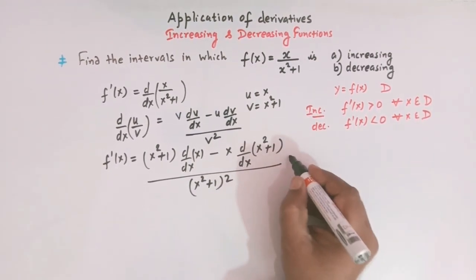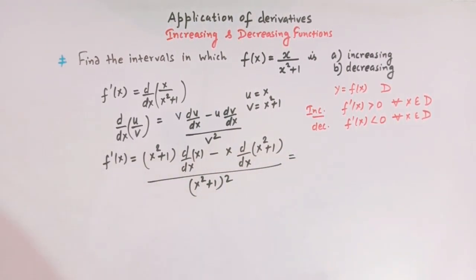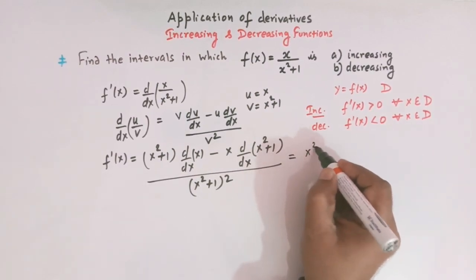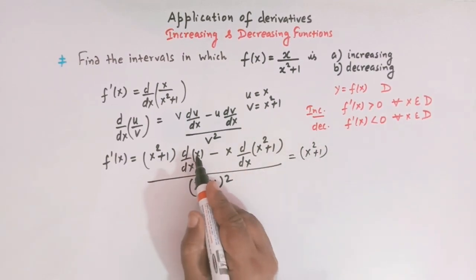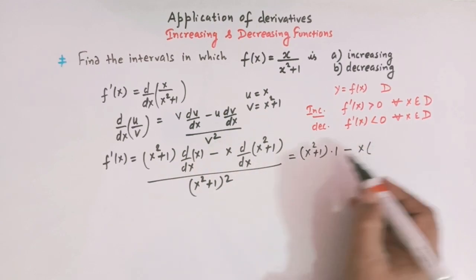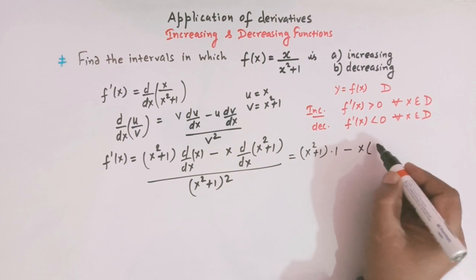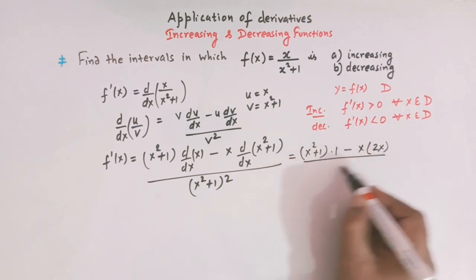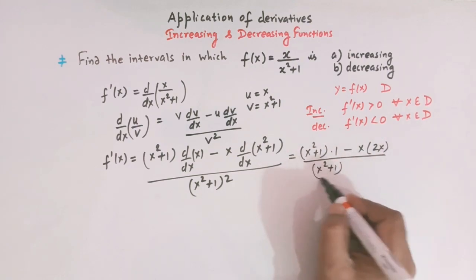So now we can further write this expression as x square plus 1, the derivative of x is 1, then we have here x, and the derivative of x square plus 1 is 2x, and here we have x square plus 1 whole square.